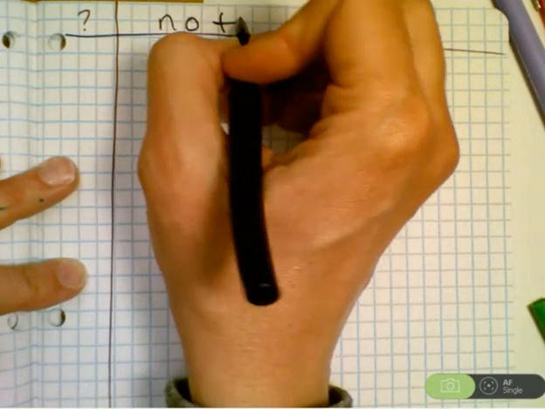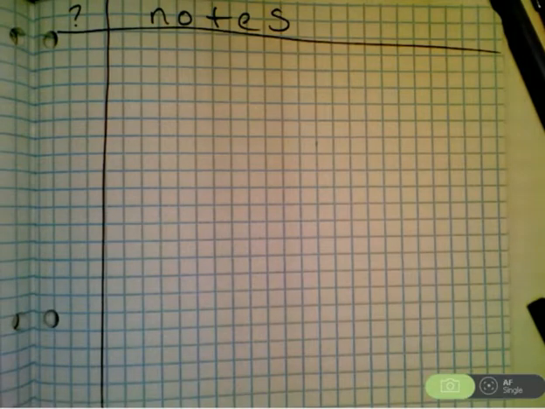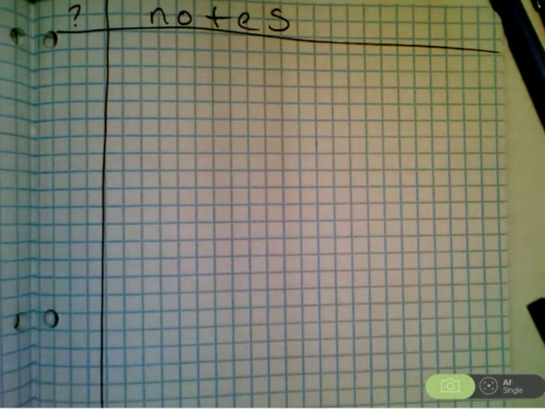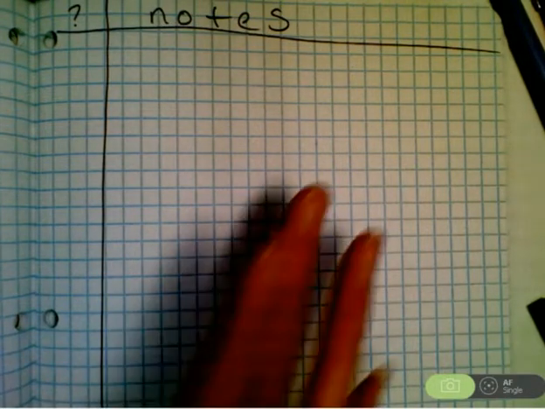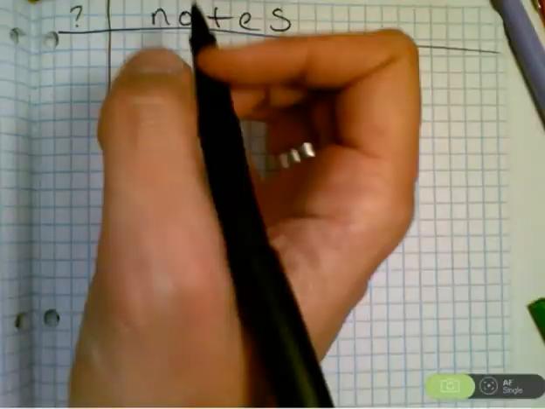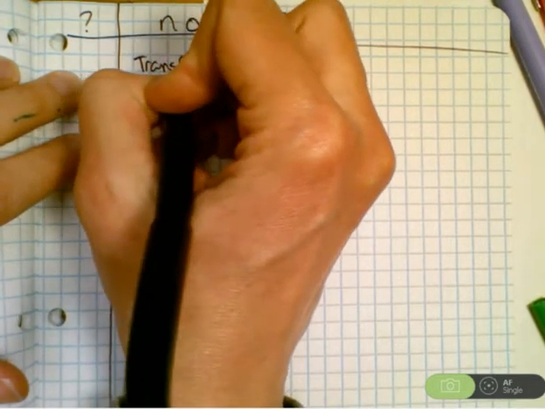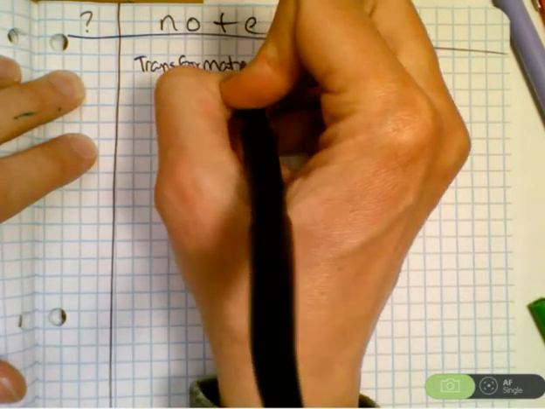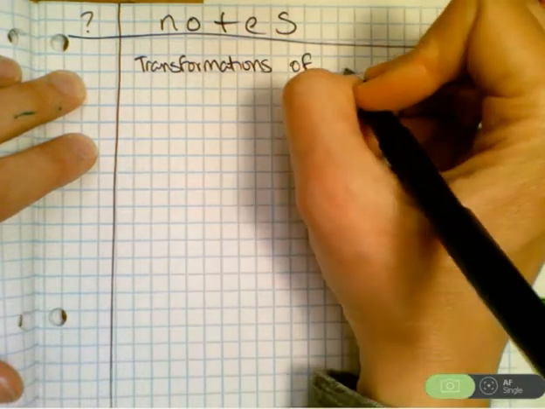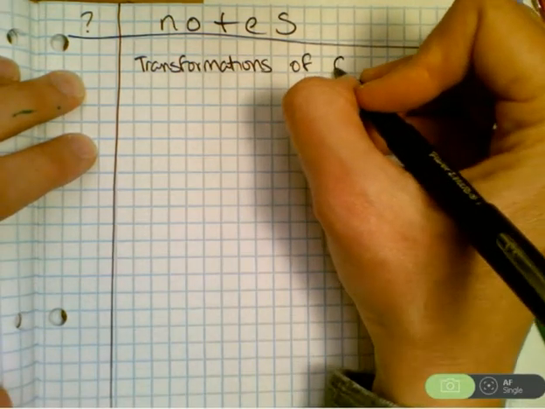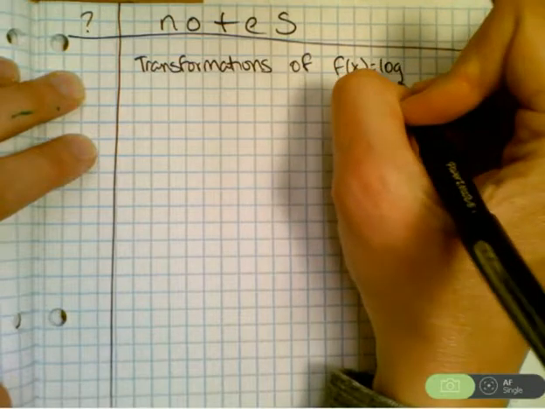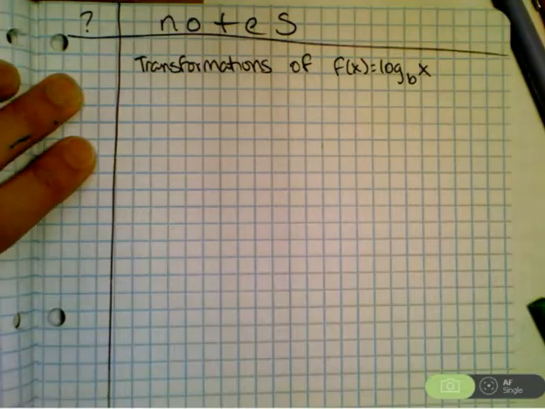Questions, notes, and okay, so we're going to have another table that helps us find the information in order to make a graph. So this is graphing transformations of y, or f of x equals log base b of x.